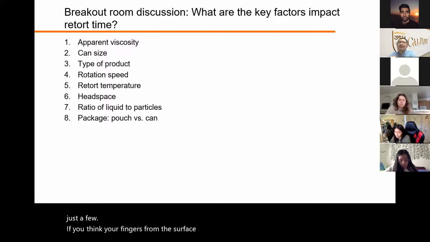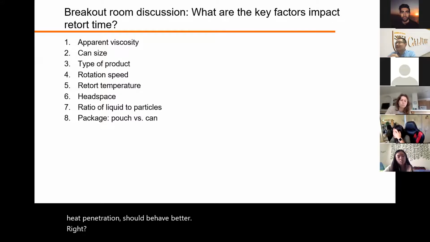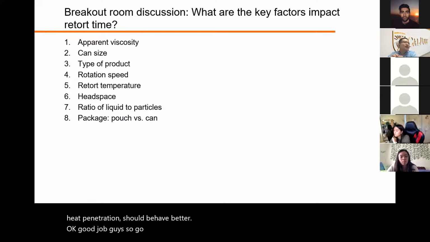So to my understanding, a tall can, in terms of heat penetration, should behave better, right? Okay, good job, guys.